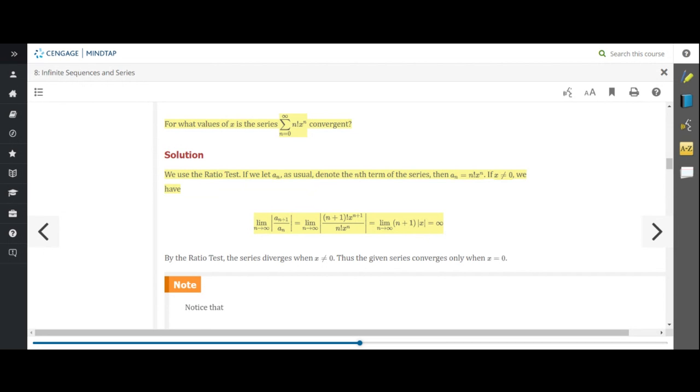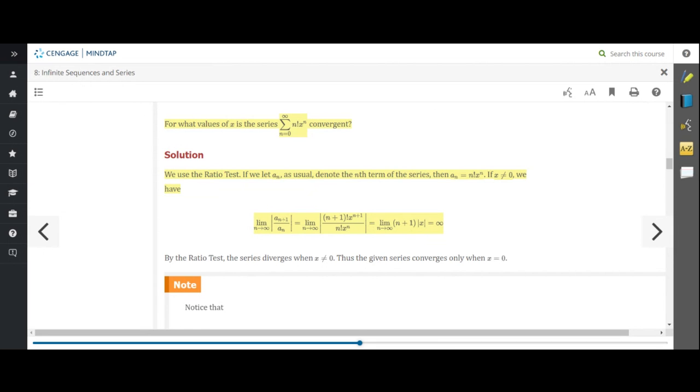But x is just some value. It's a variable, but the variable will take on different values. For any value x is, since n plus 1 goes to infinity, the limit of the ratio equals infinity. And infinity is greater than 1.